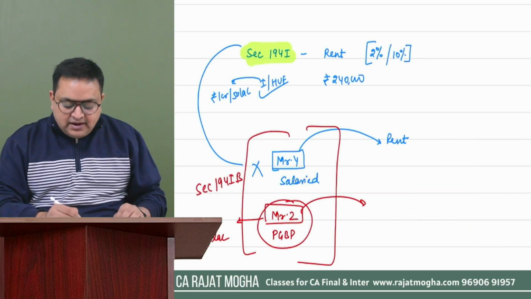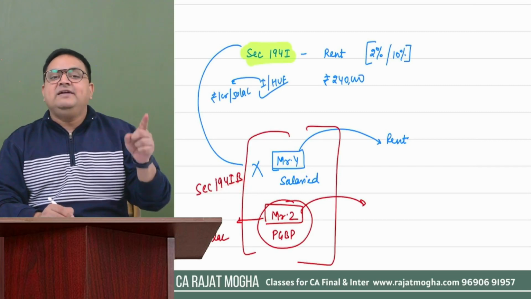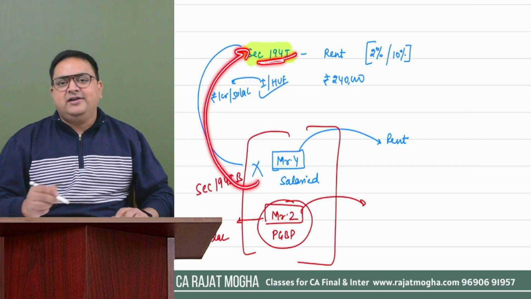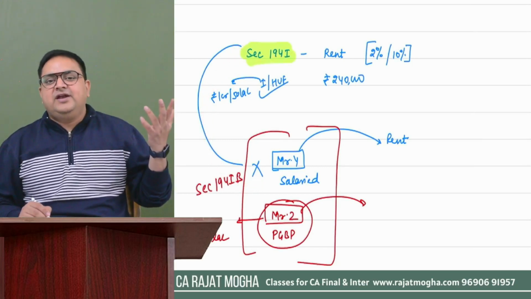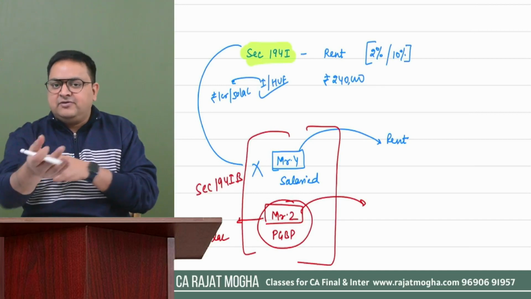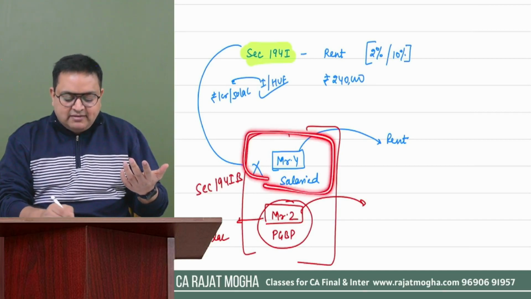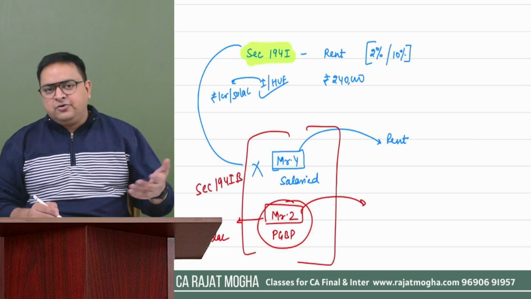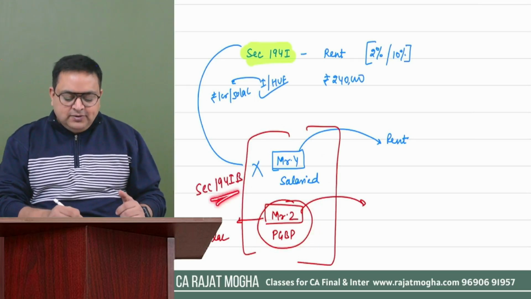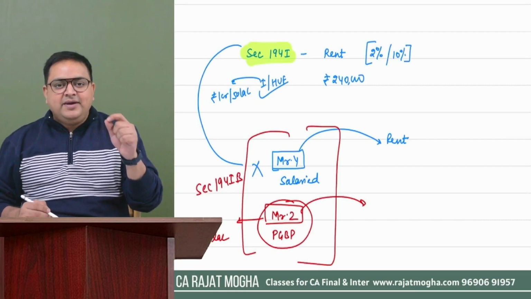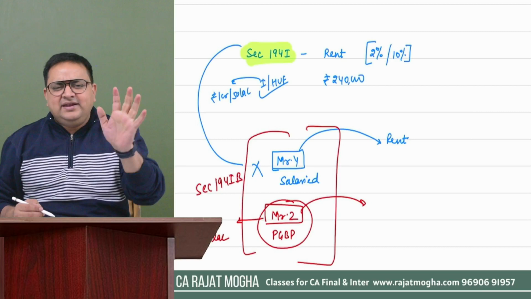Who can come under section 194IB? Those individual or HUF who could not come in section 194I. Why? Because their turnover was not more than 1 crore or 50 lakh, or they were not having any turnover like Mr. Y, salaried, as the case may be. Those people can come under section 194IB. But only if you are paying significant rent, not any rent, right?